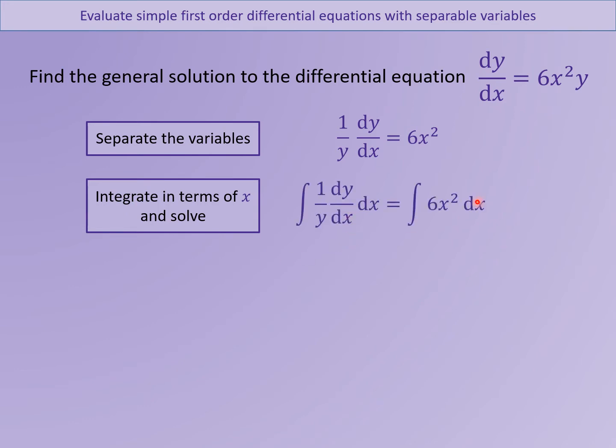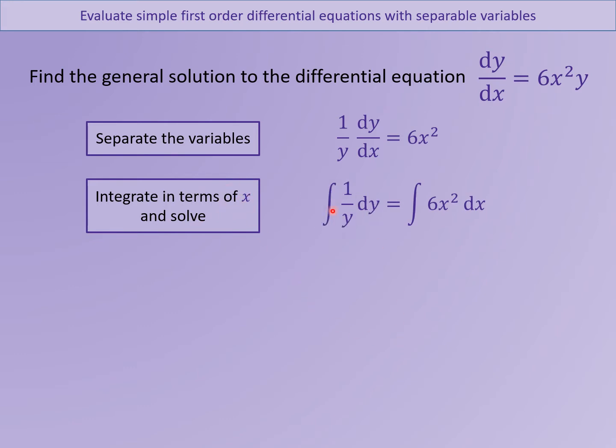So we get this. The two dx's there will cancel out, leaving you the dy, which means that you can then integrate this side in terms of y and integrate this side in terms of x. So it's exactly the same as what you do in your normal maths, but with that extra bit of understanding.